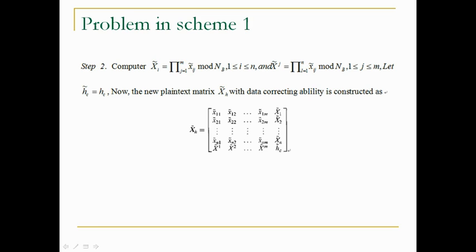In scheme 1, if you compute these 2 functions here and let HC hash equal HC, the new plaintext matrix XH hash with data correcting abilities is constructed as this.